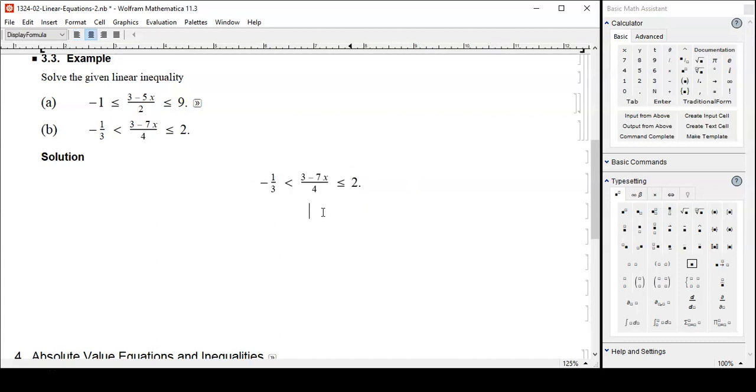What do I multiply to kill off all the denominators here? In this case, the LCD is 12, 3 times 4. So multiply by 12. And then multiply by 12. And here also multiply by 12.